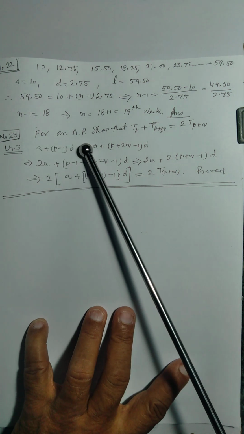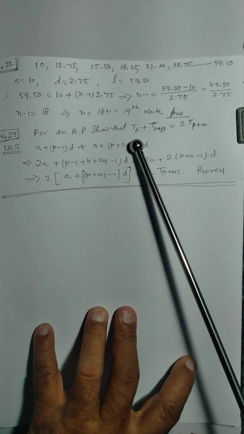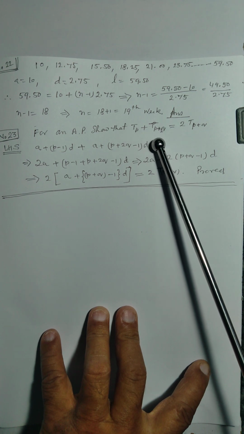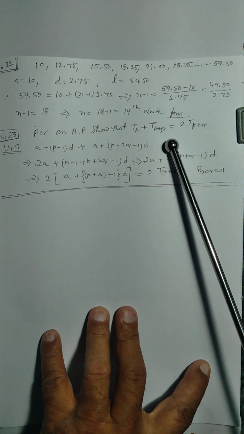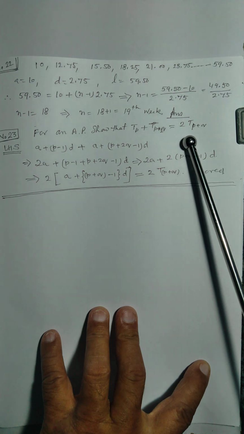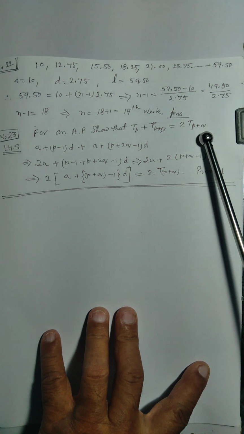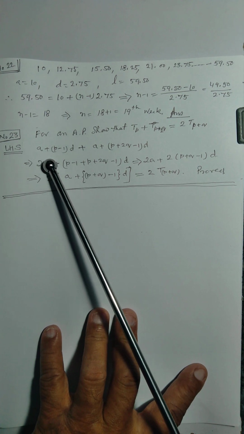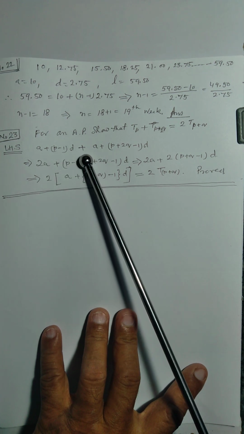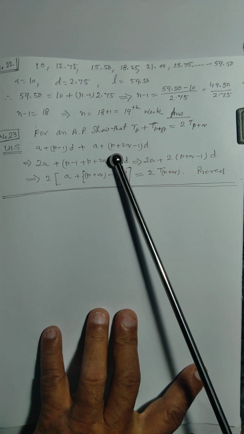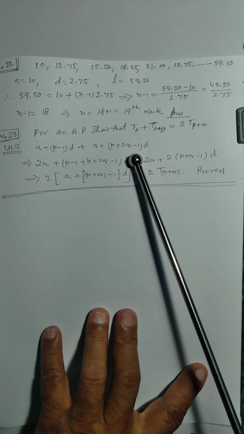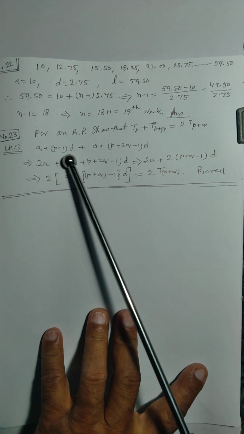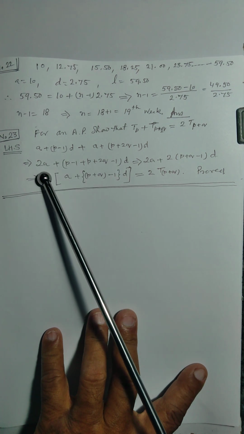You see, for an AP, T_p, the pth term, plus T_(p+2q) is equal to twice of T_(p+q). The left hand side I have proceeded with: A plus p minus 1 into D plus A plus p plus 2q minus 1 into D. Very simple, it is the term formula I have written here.